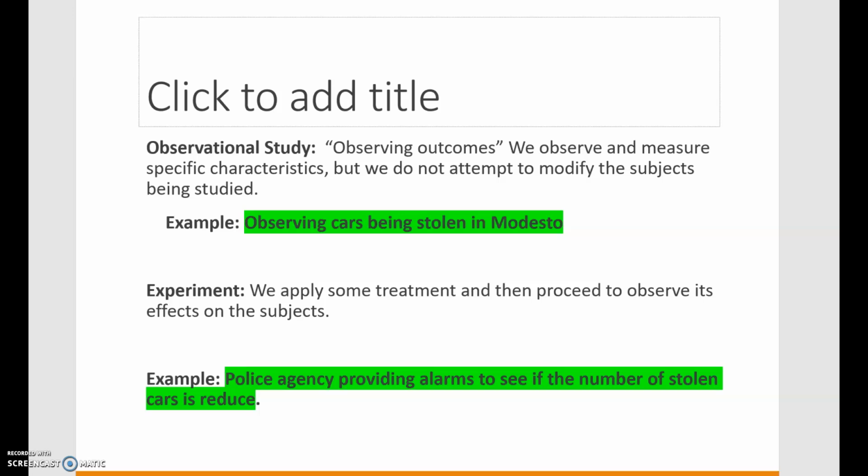But if the researcher were to modify something, for example, let's assume the researcher is from the police agency and they provide car alarms, they are looking to see if providing alarms has an effect on the reduction of stolen cars. So anything that has to do with an experiment, the researcher is doing something to modify the behavior. In an observational study, they're just collecting data.